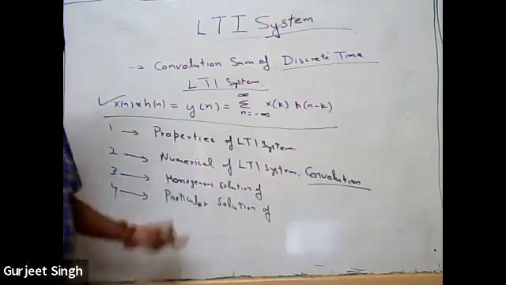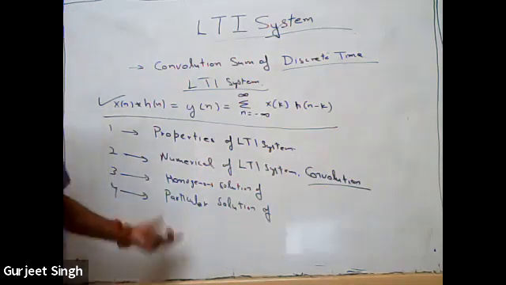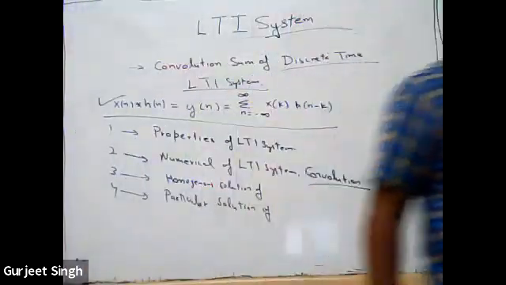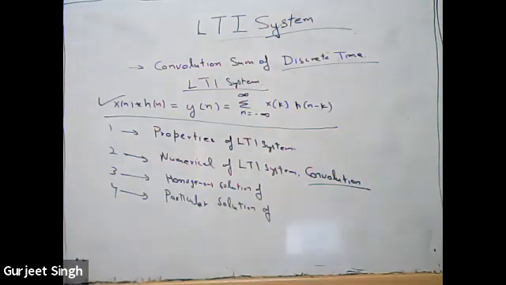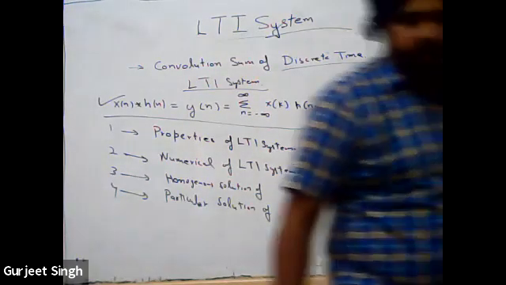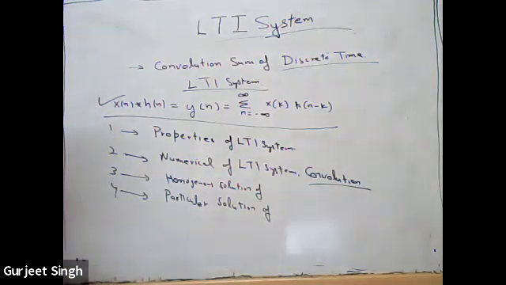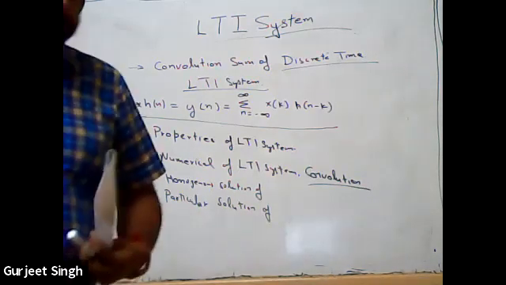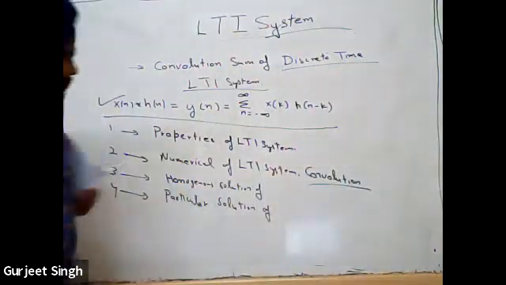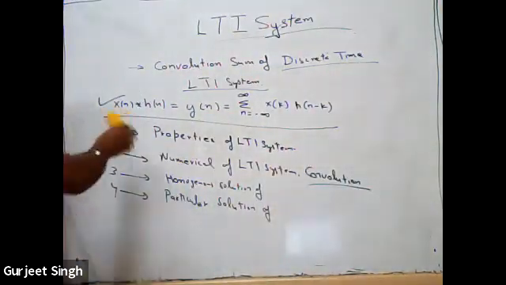Then we will find the homogeneous solution, then the particular solution of this system. One by one, first we will discuss the properties of the LTI system, then numerical, then homogeneous solution, then particular solution. So first we will start with the properties of the LTI system.